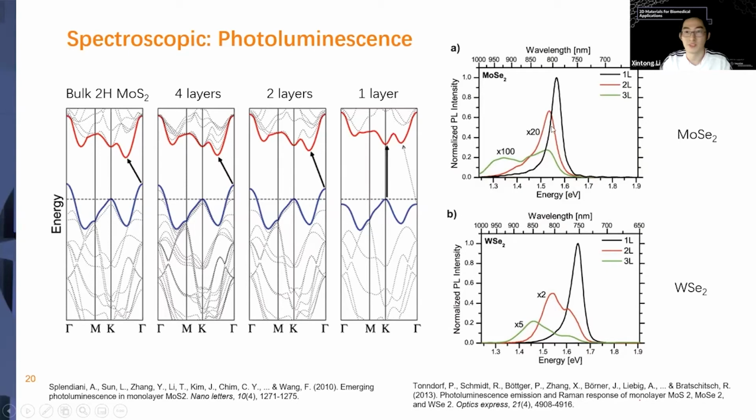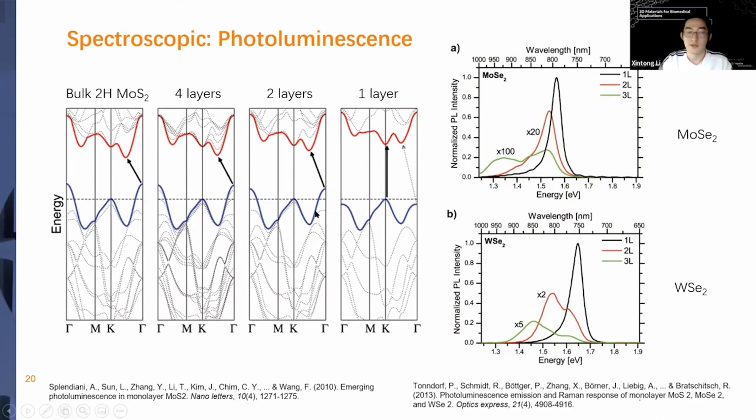The peak position also changes, because for bilayer and trilayer, these peaks correspond to the indirect transition, which has smaller energy than monolayer. So with this method, we can determine the layer number, whether it's 1 layer, 2 layer, or trilayer, very conveniently without having to do other measurements like AFM.